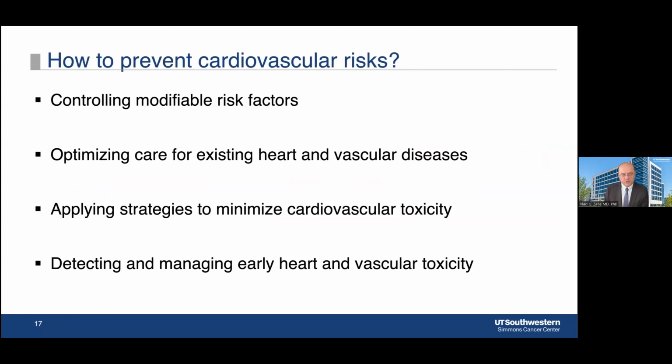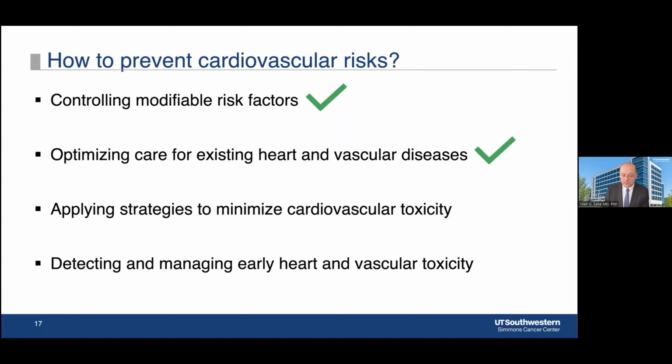So now focusing on how to prevent cardiovascular risks long-term, starting from the modifiable risk factors. We reviewed that many of them can be controlled, can be addressed, and that significantly decreases the risk. We can optimize the care for existing heart and vascular diseases. This is further decreasing the risk.